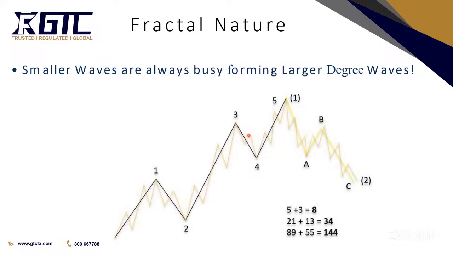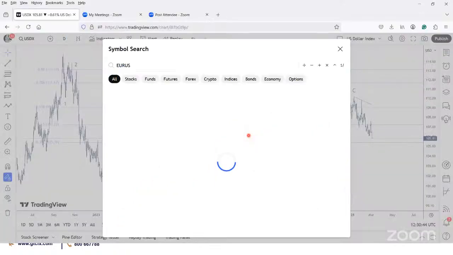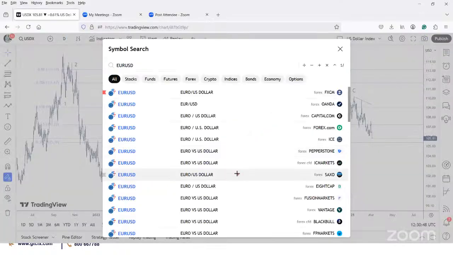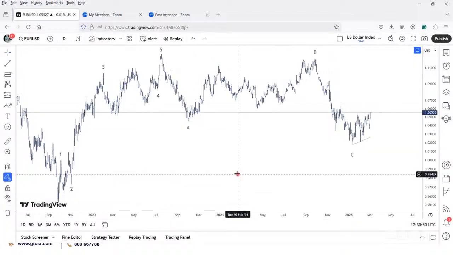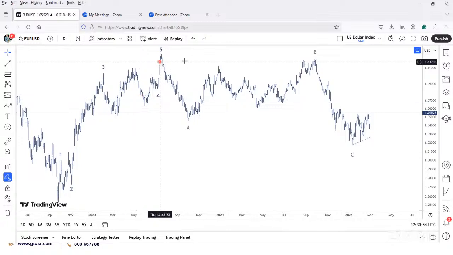I have a habit of showing it immediately so that it goes into your heart. See, Euro USD. If I say that's a motive phase and this is a corrective phase, now we know that. When Hirsch says motive phase, it is 1, 2, 3, 4, and 5. And when he says corrective, it's A, B, and C.